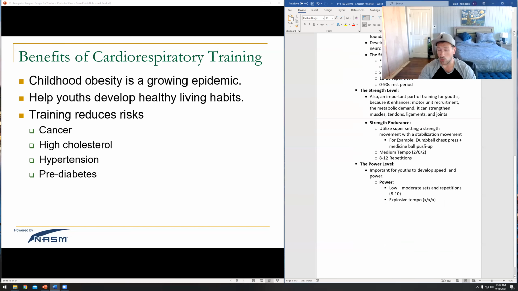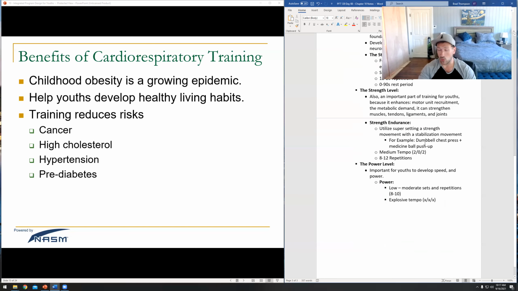And then for the power, you'll notice that we actually aren't doing the superset technique, because again, youths don't have that good anaerobic capacity. So we're just doing the power movements all by themselves for our youth clients. We're going to use low to moderate sets and reps at explosive tempos. So would you do a bench press plus a medicine ball chest pass? No, because a bench press would be lifting really, really heavy, and we don't lift heavy with youths.